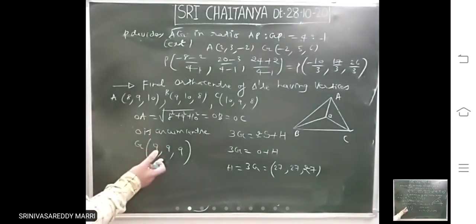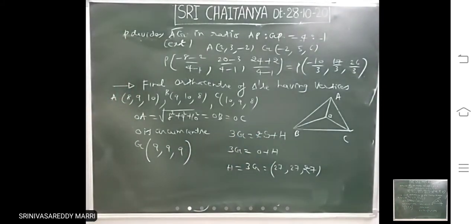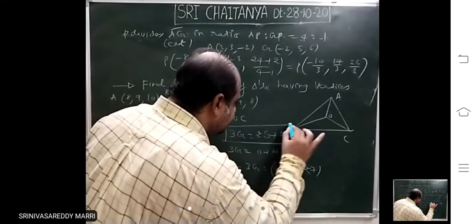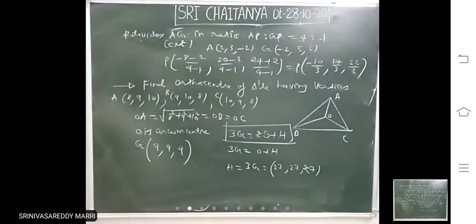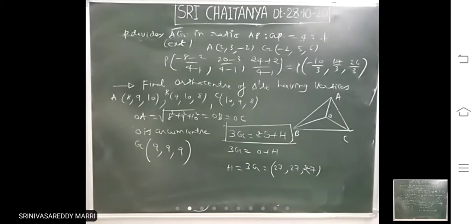Then centroid you can calculate, and by using the relation 3G equal to 2S plus H, you remember this relation: if two are given, one you can easily find out. Here S is origin 0, plus H. H is nothing but 3G.